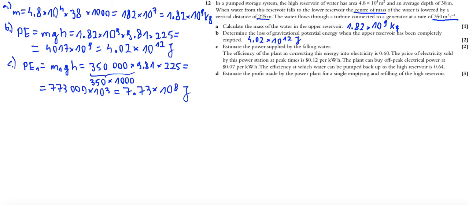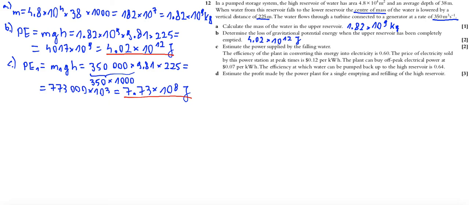Okay, so you can obtain the same result by dividing this total energy by the fraction of this over this. Yes, so if we know that 350 meters cubed is the part of the volume which falls in 1 second, and we know the total volume of water, then we can take the same part of energy to calculate the amount of joules in 1 second.